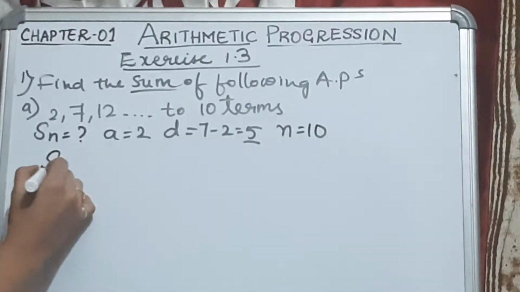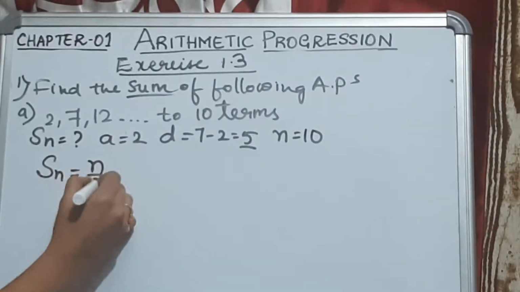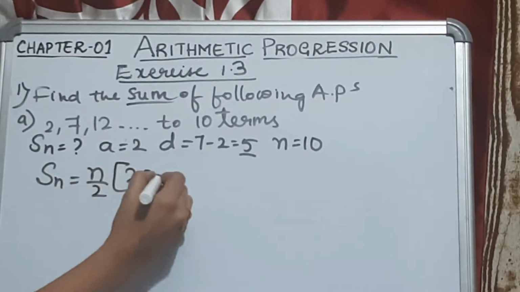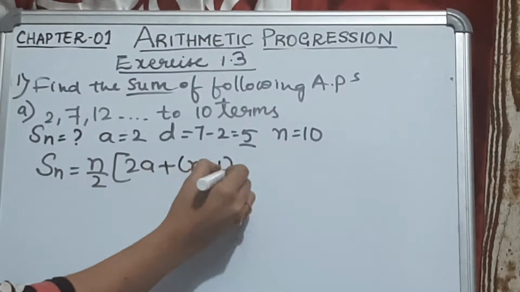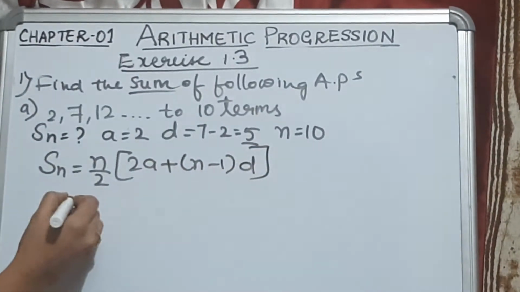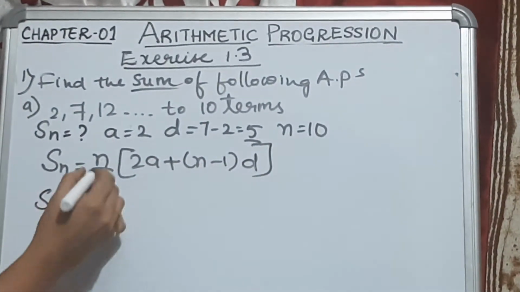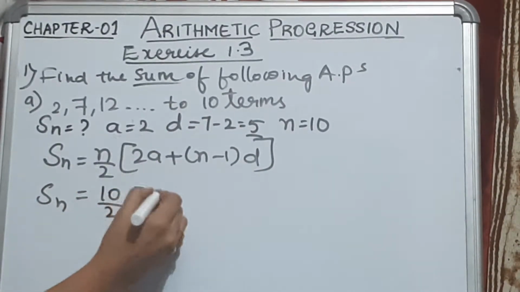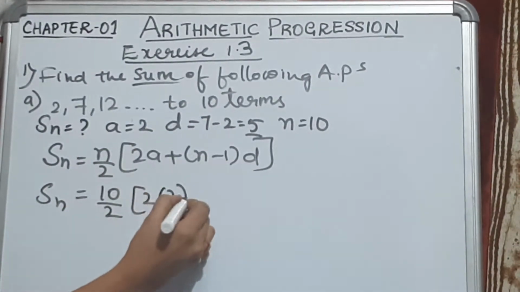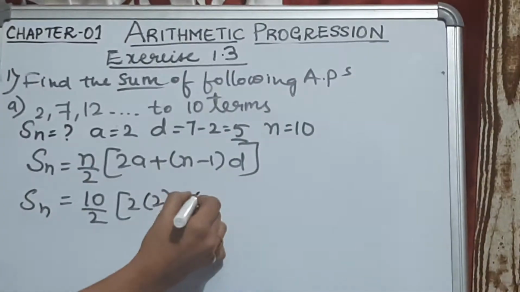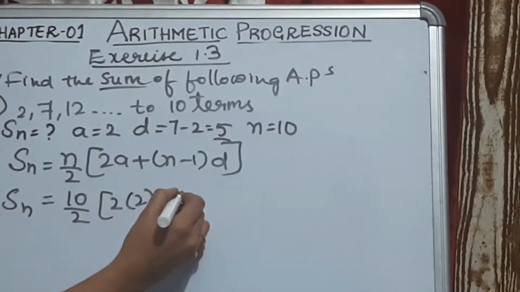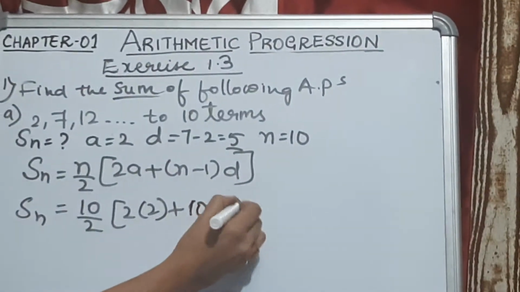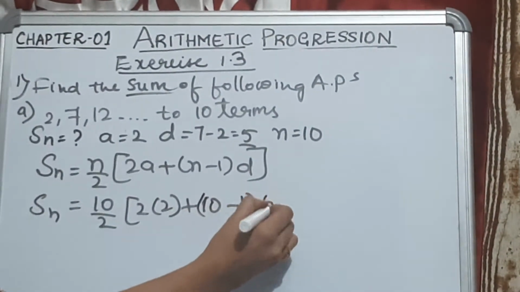Now according to the formula, Sn = n/2 [2a + (n - 1)d]. What is our Sn? We don't know, we have to find it. n is 10 by 2, 2 into a means 2 times 2. n we don't know, oh sorry, it's given: 10 minus 1. d is 5.